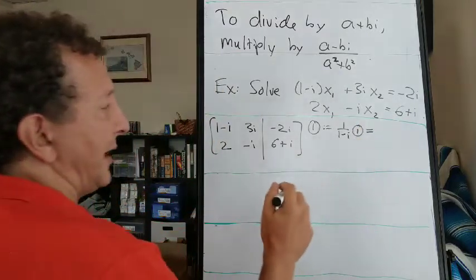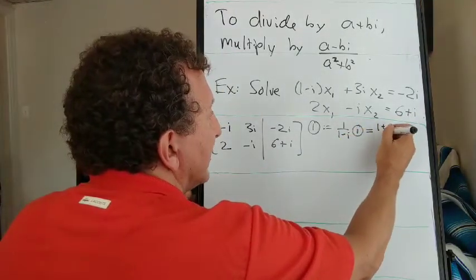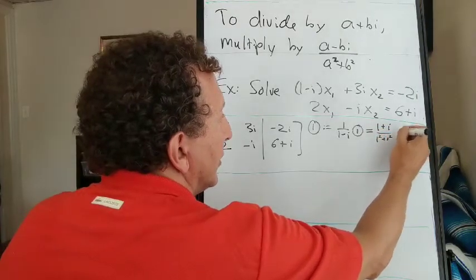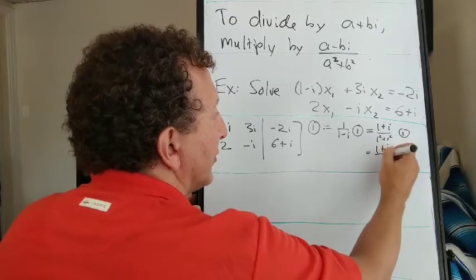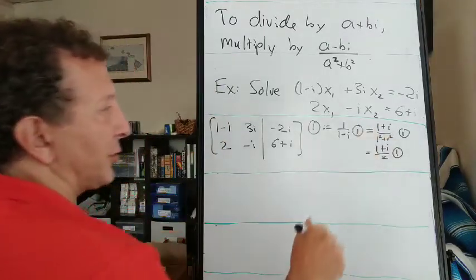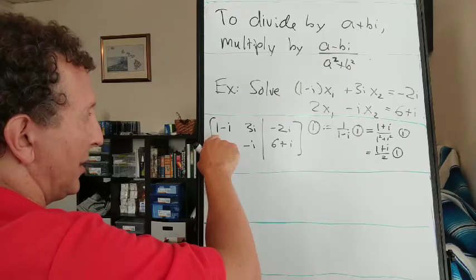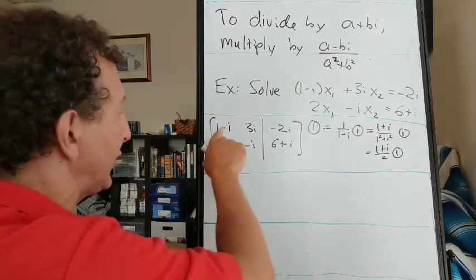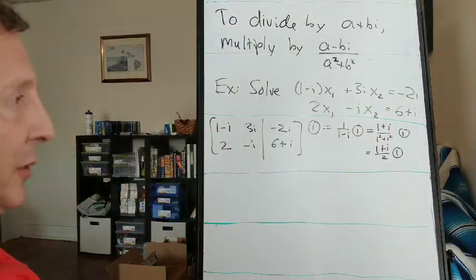Which is the same as 1 plus i over 1 squared plus 1 squared row 1, which is 1 plus i over 2 times row 1. 1 squared plus 1 squared comes from the real part and the imaginary part of this complex number, 1 and minus 1. Minus 1 squared and 1 squared are the same, so you don't have to really write minus 1 squared there.